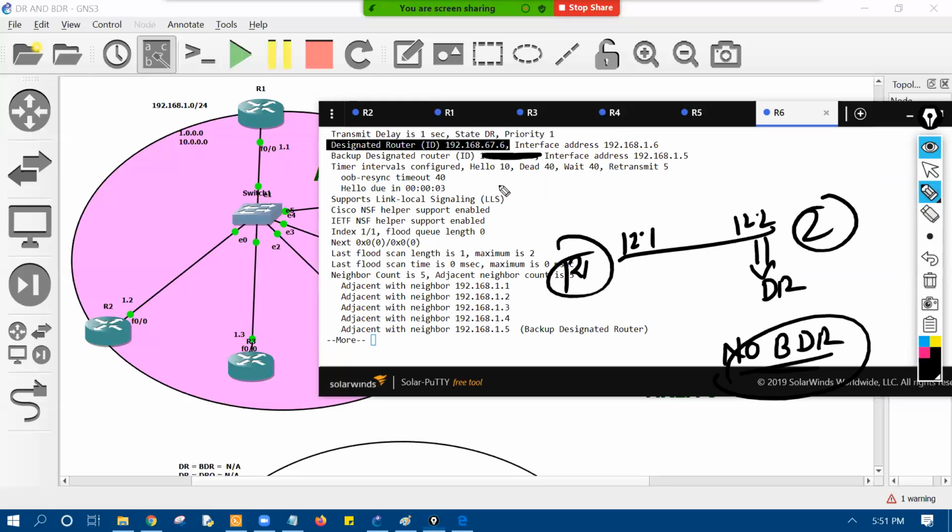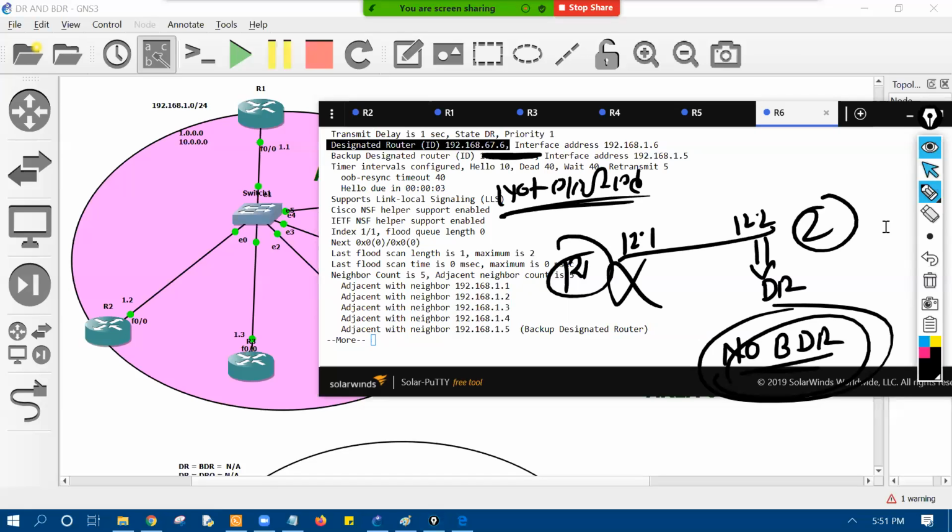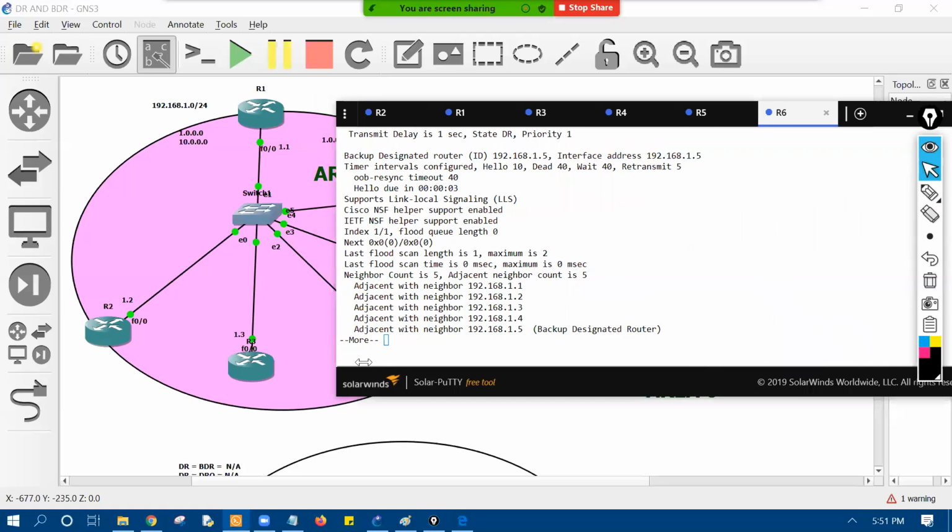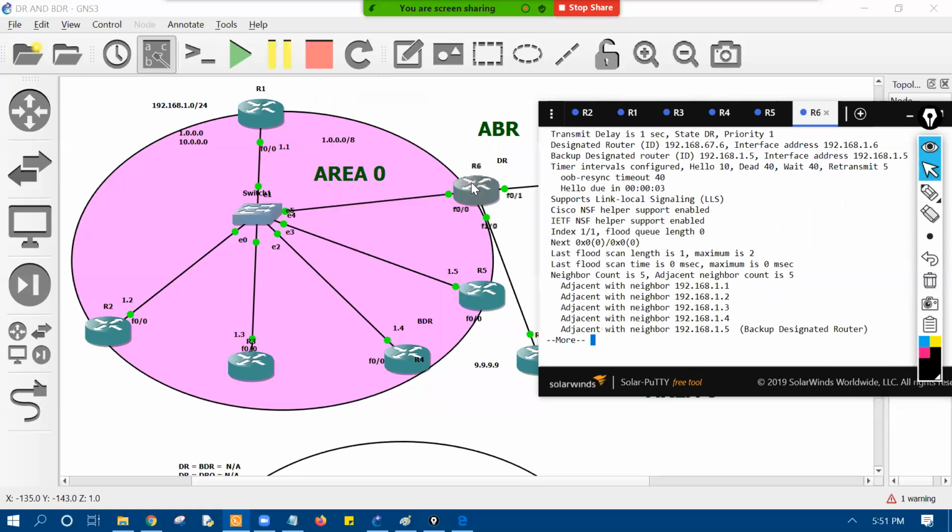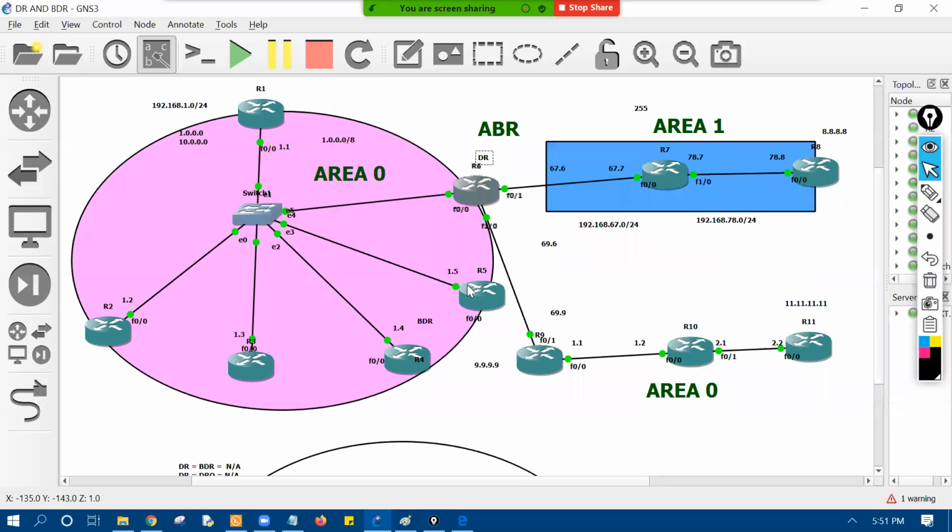What's the meaning of that? In this condition, R1, R2, DR is elected. He's saying no BDR. It means that OSPF is not running on R1. OSPF is not running on R1. Chalo, so right now R6 has become the DR because it has a higher router ID, and this one will become the BDR, right? And the rest of the routers will become DROther.